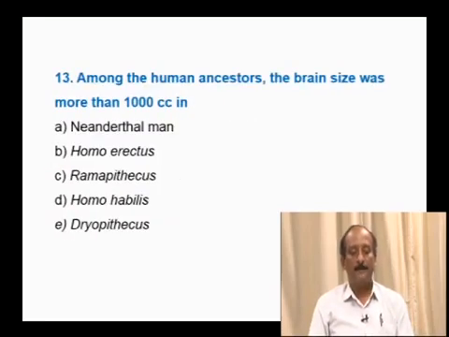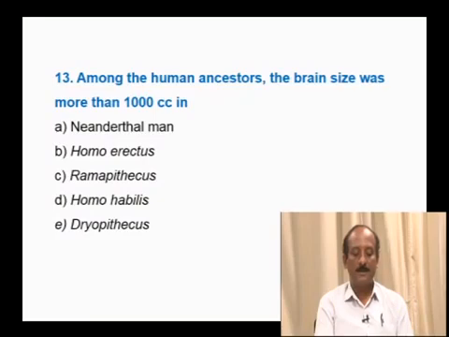Question number 13. Among the human ancestors, the brain size was more than 1000 cc in Neanderthal man, Homo erectus, Ramapithecus, Homo habilis, Dryopithecus.